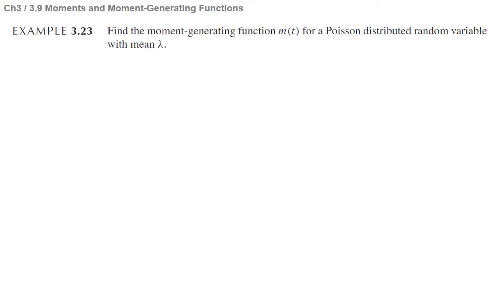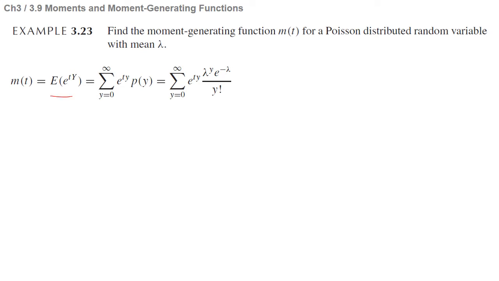Let's solve example 3.23. Find the moment generating function m(t) for a Poisson distributed random variable with mean lambda. By the definition of m(t), it is the expected value of e to the ty. From the definition of the expected value of a function of a random variable, it can be represented as this sum, and p(y), from the definition of the Poisson distribution, is written as this.